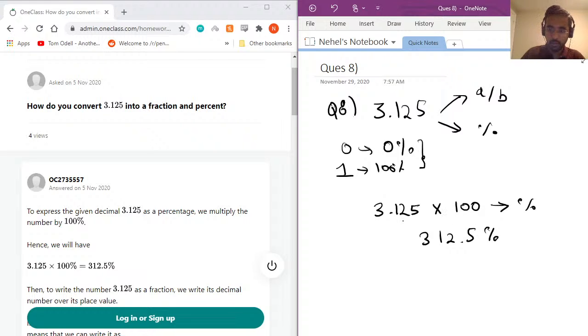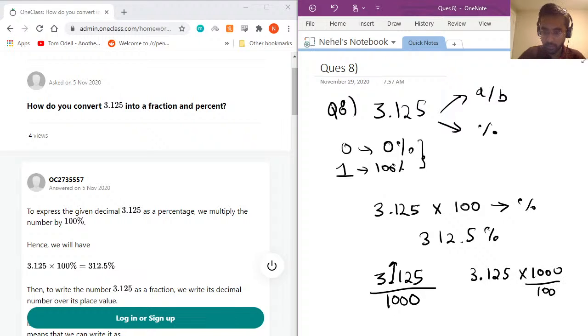Okay, and then for the fraction, the way I usually do fraction questions is I look at the decimal and I get rid of the decimal. So if I get rid of this decimal, we would be left with, since there were 3 digits behind the decimal, we would have to divide by 1000. Or the other way of looking at it is if I have 3.125 and if I multiply and divide this expression by 1000, we would be left with 3125 divided by 1000.